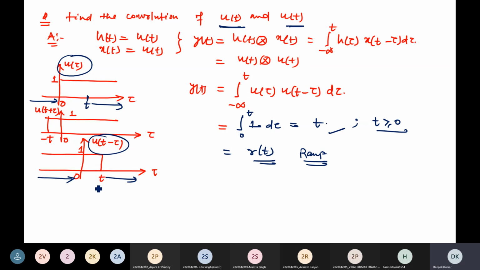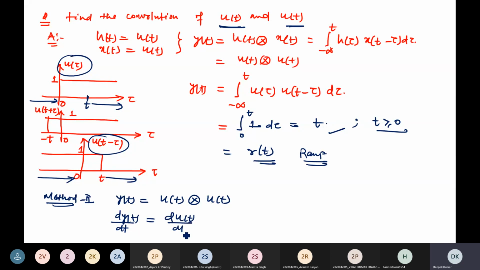The same question can also be solved by using the derivative property. Suppose method 2, y of t is equal to u of t convolution with u of t. Now take the differentiation of y of t. dy/dt is equal to derivative of u of t convolution with u of t.